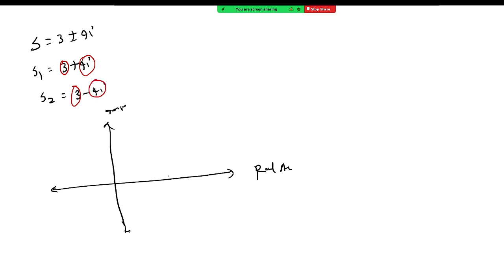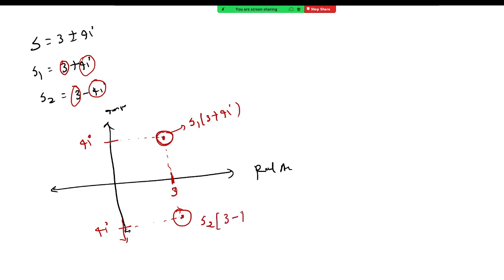Your real part is 3, so you will go to 3, and your imaginary part for the first root is 4i. So 4i will be here and minus 4i will be here. Your root will be plotted here. This point is your root s1, which is 3 plus 4i, and in the fourth quadrant you will see your second root lies, which is 3 minus 4i.